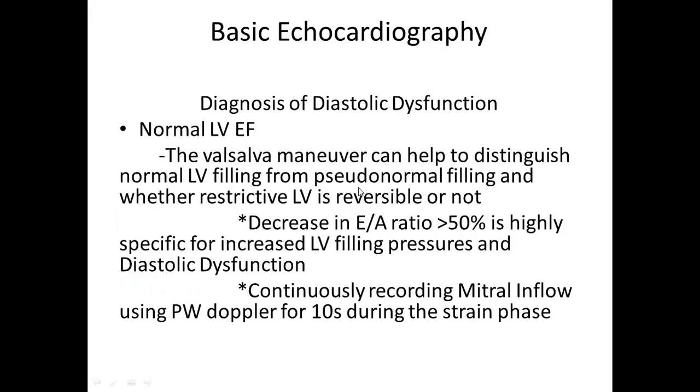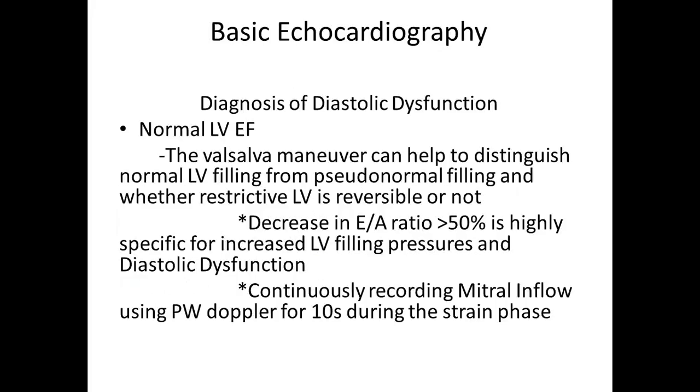It will move from the pseudo-normal pattern to the pattern that you're more familiar with, which is a small E and a big A. So you get close to 50% reduction in the E velocity. A decrease in the E to A ratio by 50% is highly specific for increased LV filling pressures and diastolic dysfunction. Okay, so when you do your Valsalva maneuver in someone with a pseudo-normal pattern, it looks normal, but you're not sure if this patient actually has diastolic dysfunction.